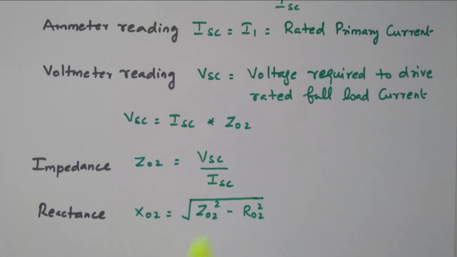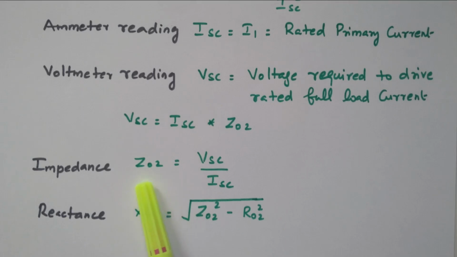By rearranging we can get it. So this impedance is also now calculated. We calculated the resistance and the impedance, and from that we can calculate the reactance. X02 equals the square root of Z02 square minus R02 square. So we calculated the reactance also.